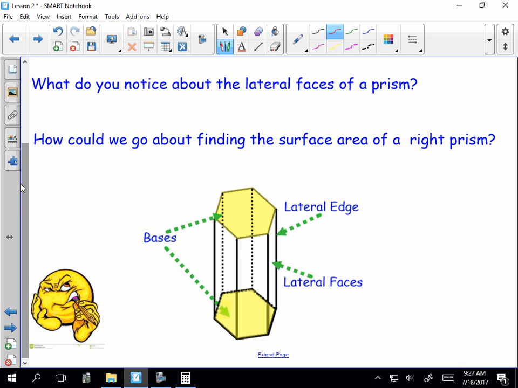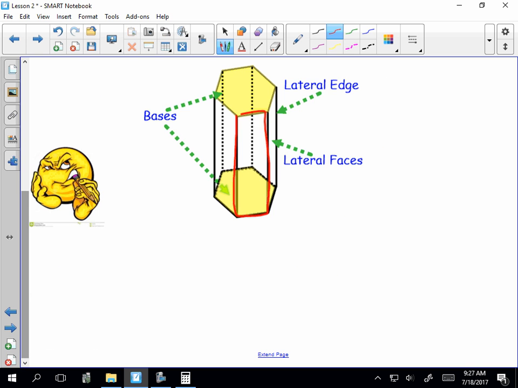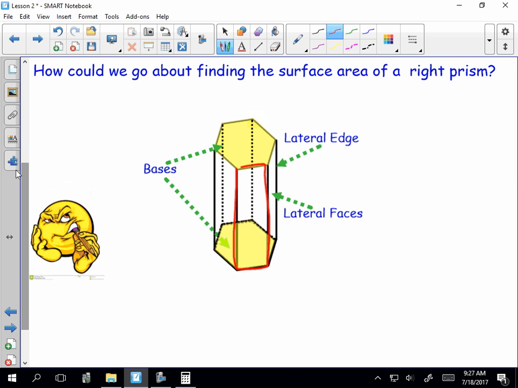We're going to work with a right prism because then we know that all of our lateral faces are rectangles. And those rectangles are connecting whatever our two base shapes are. So if I wanted to find the surface area of this right prism shown below, what would I need?